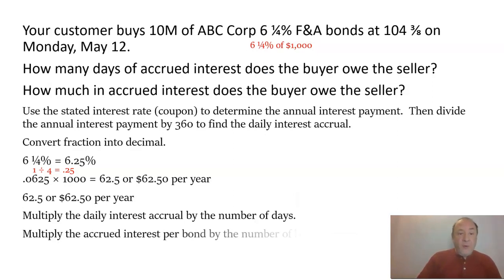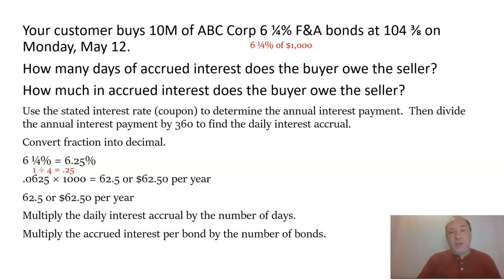Okay. Now we know the value per bond. Now we're going to multiply the accrued interest per bond by the number of bonds. The test question says your customer buys 10M. The M stands for mil, which is the Latin word for thousand. So 10,000 of ABC corporate bonds.